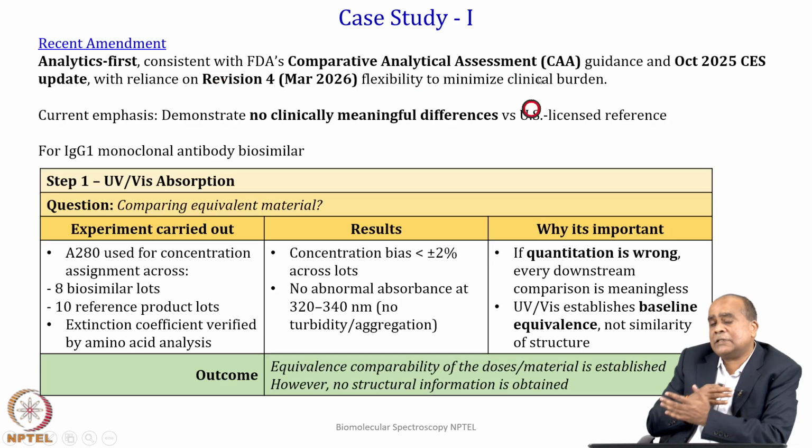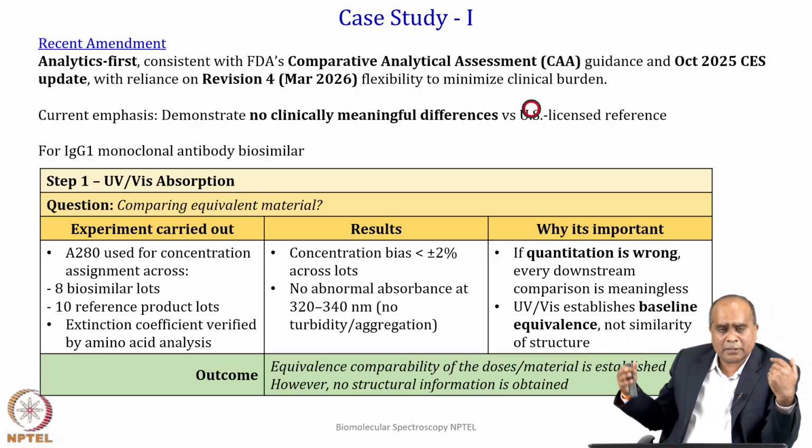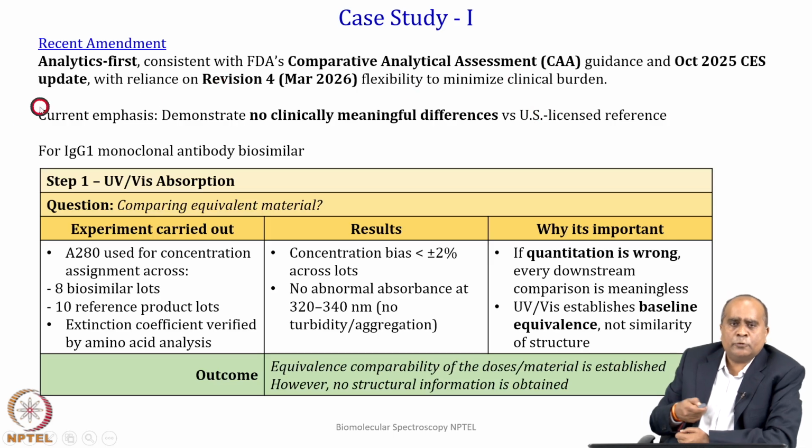If your molecule is identical using various orthogonal techniques, what we discussed and what we did not discuss, probably you do not require that extensive clinical trial. So, you minimize the clinical burden.